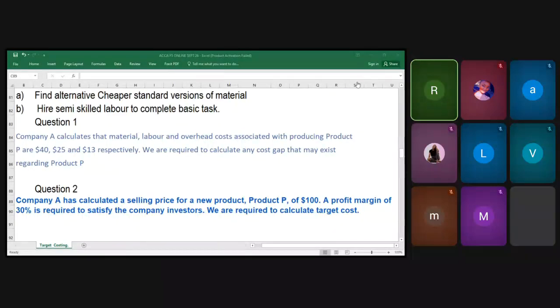Try question 1, and then we move on to question 2. More answers, more answers.